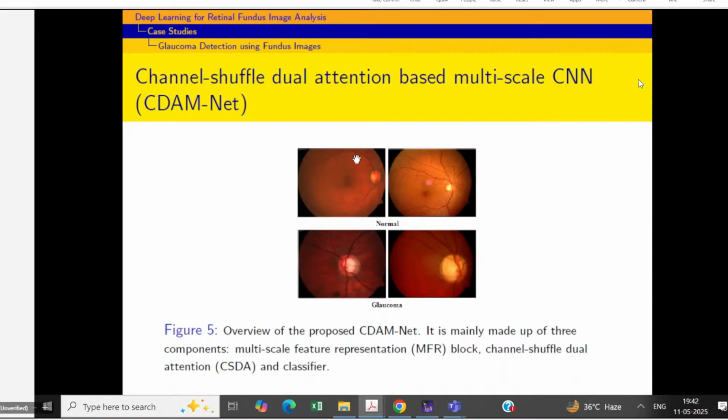As I mentioned, we did some work initially on binary classification. Here are some of the works I have done on it. It is very simple: given a set of fundus images, your task is to build a model and classify those images into two categories, normal and glaucoma.